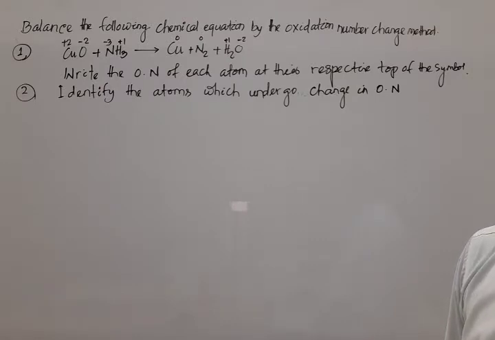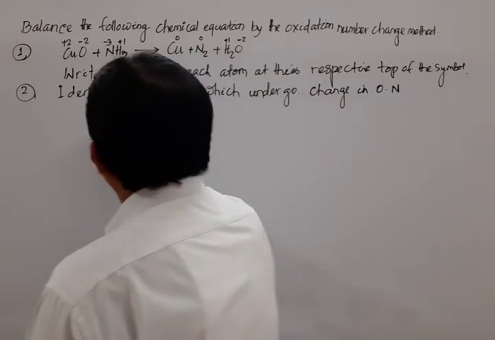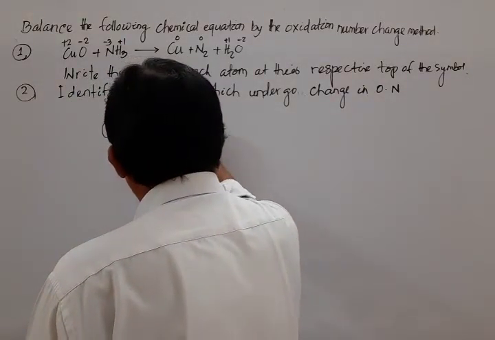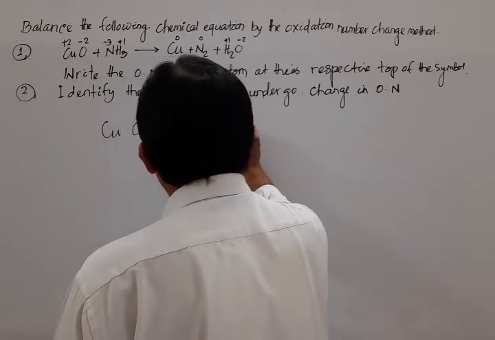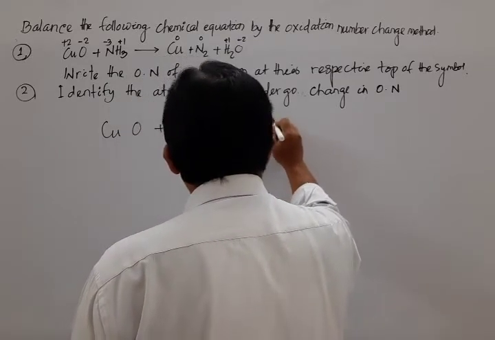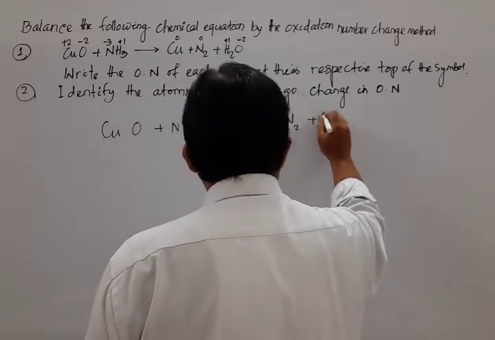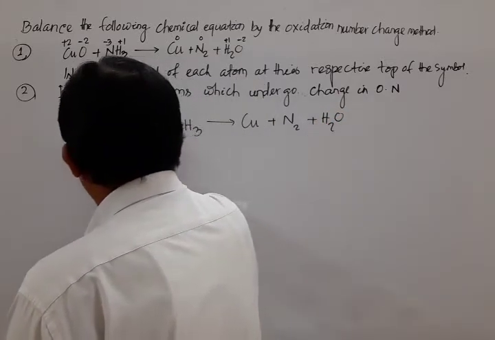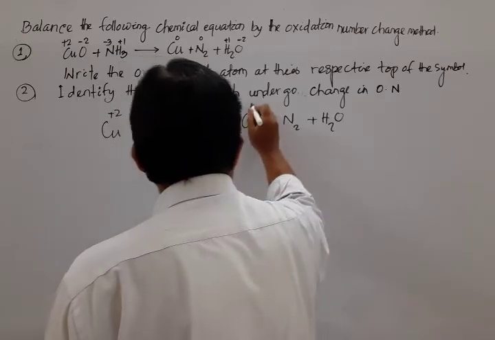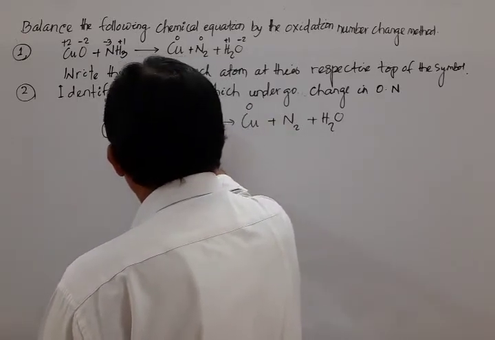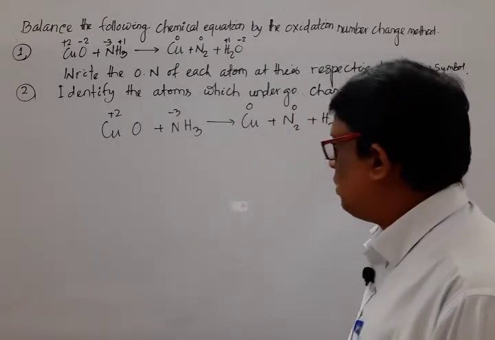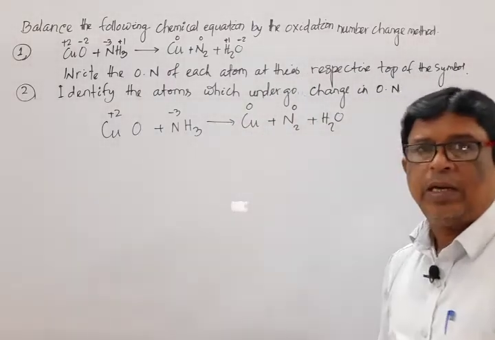That is, copper and nitrogen change in oxidation number. So write again, CuO plus NH3 give rise to Cu plus N2 plus H2O. Here we observe it is +2, here is 0, it is -3, it is 0. Rest, oxygen and hydrogen oxidation states remain the same.